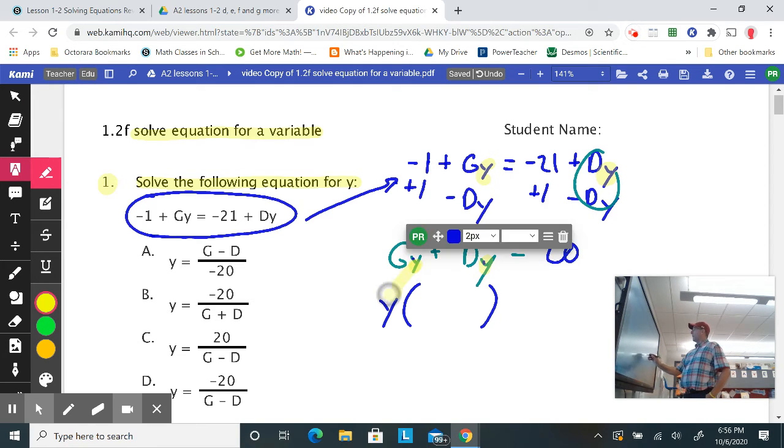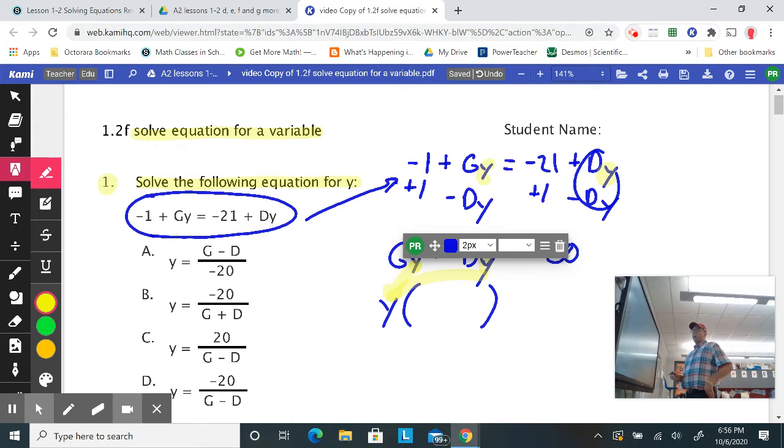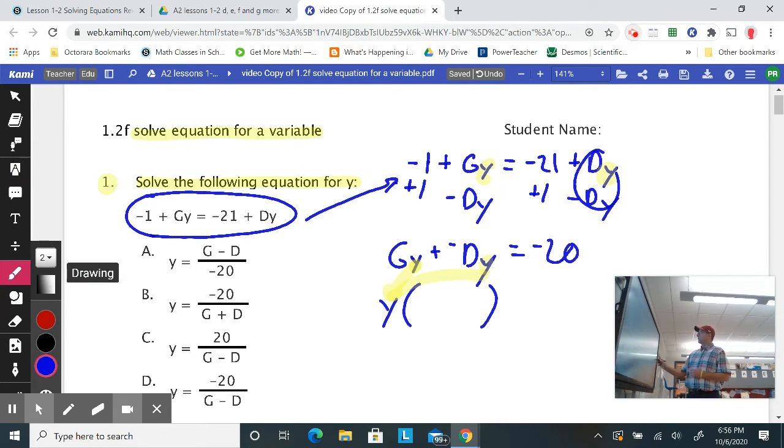I'm going to factor them out, move them out in front of the parentheses. What do I still have left inside? I have a g, I have a plus sign, and I have the opposite of d. Now remember, adding the opposite of d is the same as g minus d. G plus the opposite of d is the same as g minus d. And on the right side, I still have -20.